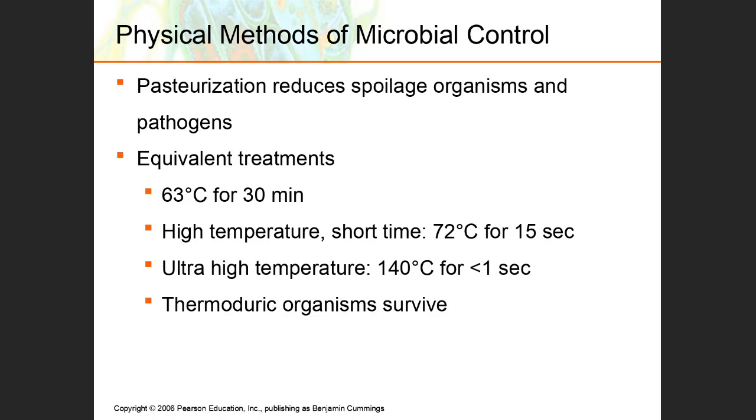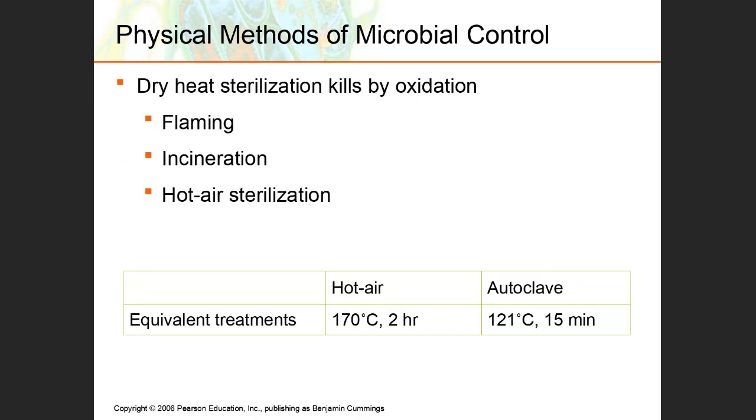And thermoduric, or those organisms like thermophiles, they will survive these treatments, but a thermophile is not a pathogen to us, right? They like it at least 60 degrees Celsius. We're 37. We are way too cold for a thermophile. So you don't have to worry about thermophiles being pathogens.